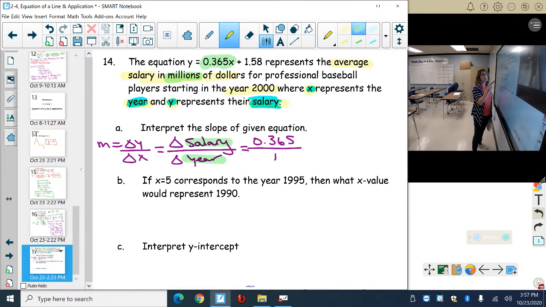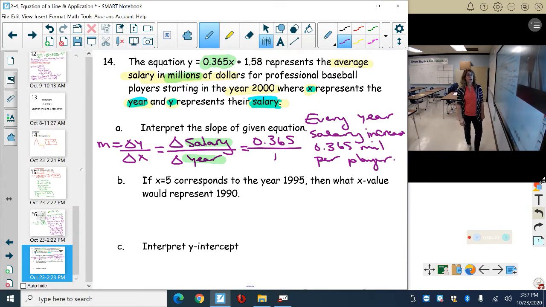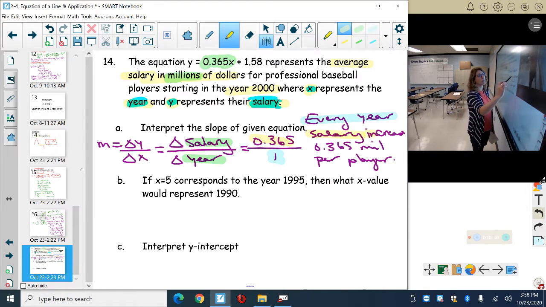So what you should be saying is every year salary increases 0.365 million per player. Right? Every year represents the 1. Then what represents the 0.365 is going to be the salary. And because it's positive, that represents the increase.